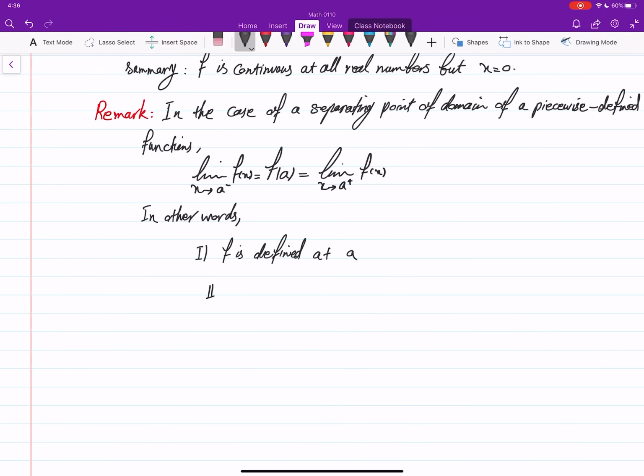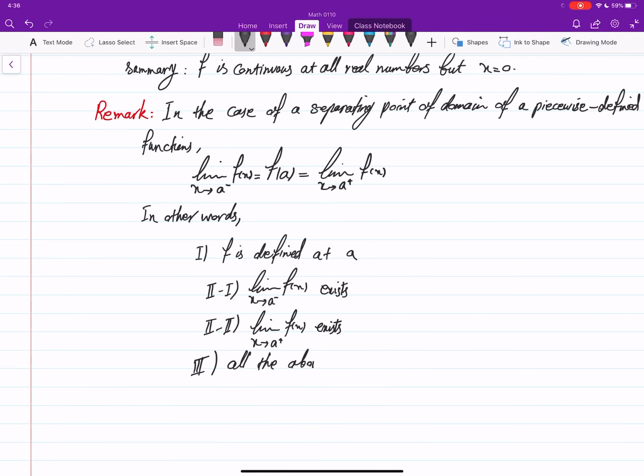Step 2 will have 2 steps: the limit of f of x as x goes to a minus exists, and the limit of f of x as x goes to a plus exists. Then the fourth step is that all the above numbers are equal.